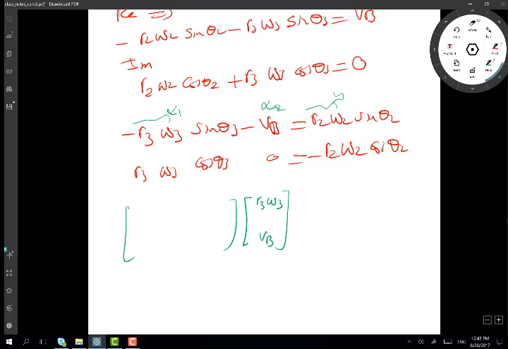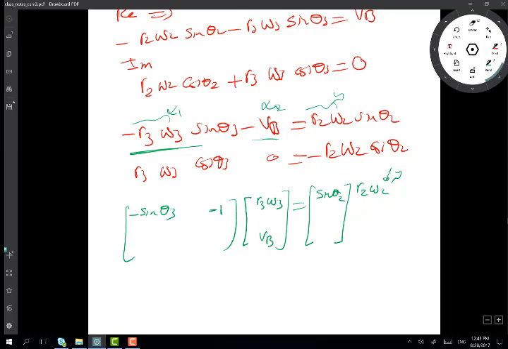So inside here I'll have a matrix, and over here I'll take R2 omega 2 as a common factor. This corresponds to y in my Cramer's rule when I explained it, and here it will be sine theta 2 over the first equation. This x1 is multiplied by minus sine theta 3, and VB is multiplied by negative 1.